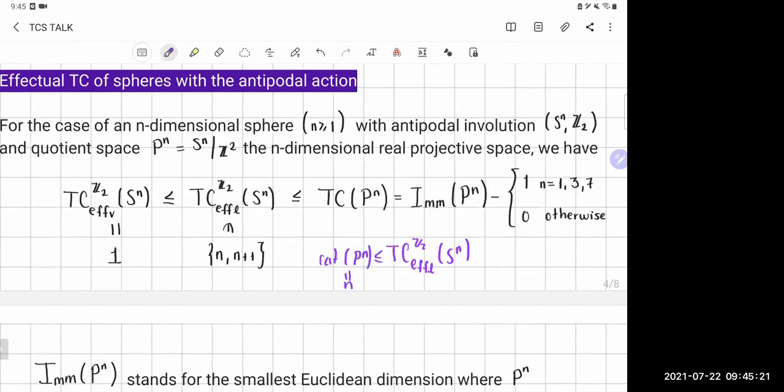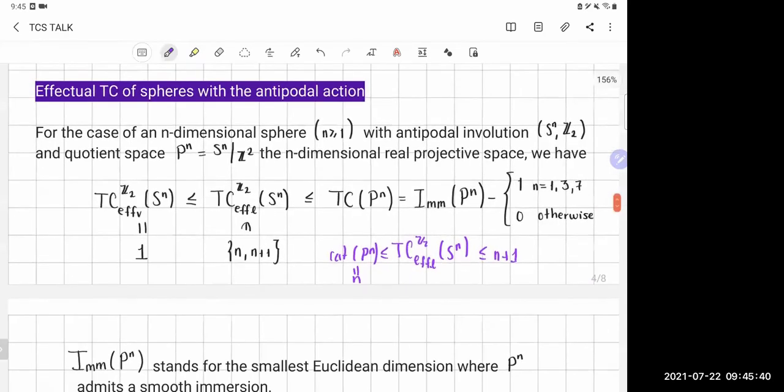And in this paper, we constructed an effectual motion planner with n plus 2 local domains. So this number is less or equal than n plus 1. And this number is less or equal than the topological complexity of the quotient space, which agrees with the immersion number minus 1 in the parallelizable case, or just the immersion number otherwise.